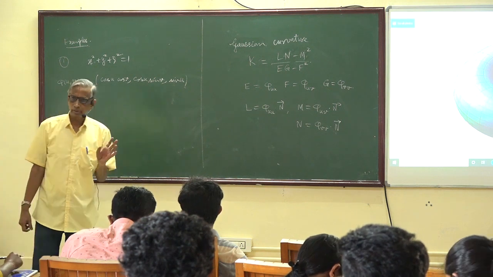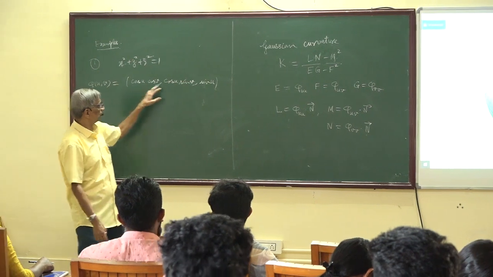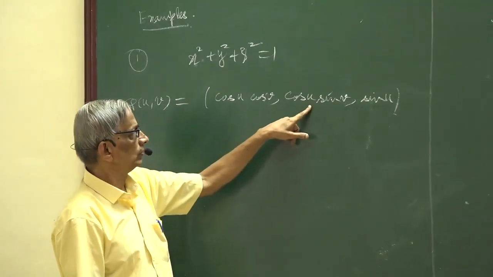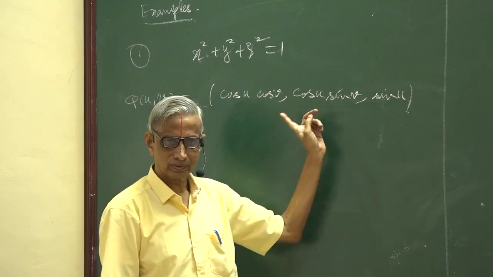So u and v belonging to appropriate intervals. You can check, if you square and add, this square plus this square will give you cos square u, and then sin square u.